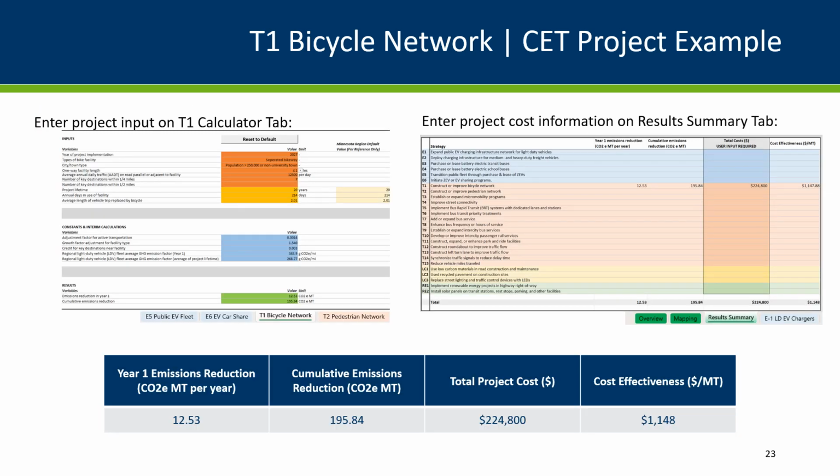To use the bicycle calculator, we take these inputs and fill them into the tool in the orange cells at the top. Then cost information will be pulled into the Results tab to find the cost effectiveness in this project. This gives a cost effectiveness of $1,148 per metric ton.